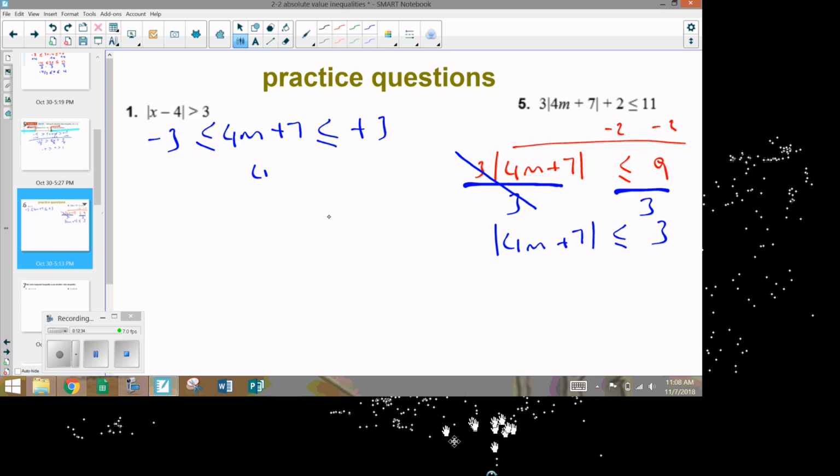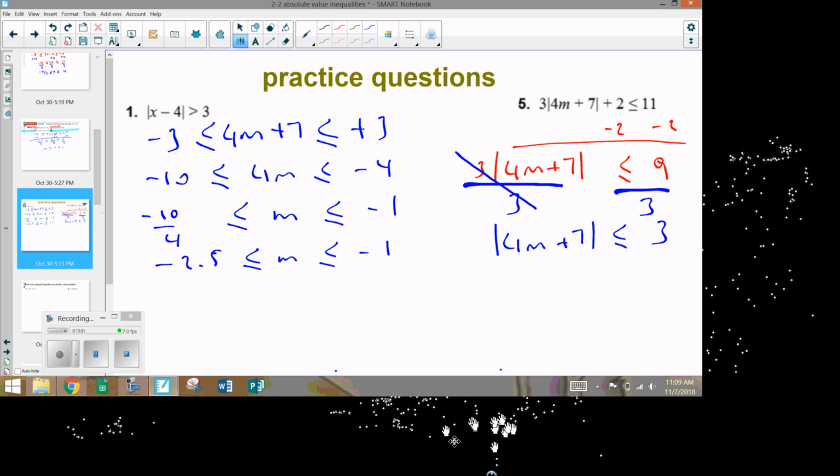Subtract 7. That makes -4, right? Subtract 7. That makes -10. Divide by 4. So that makes 5 over 2, 2.5 in between.